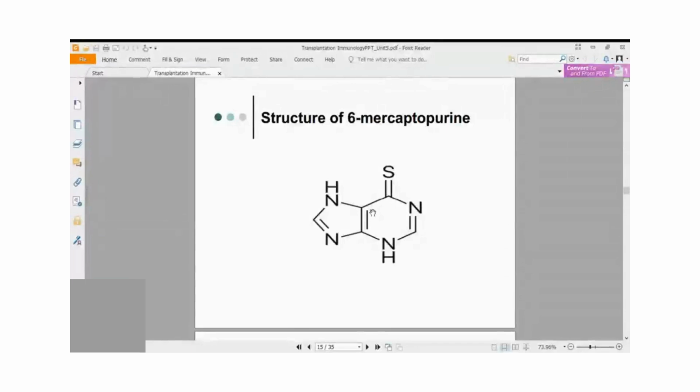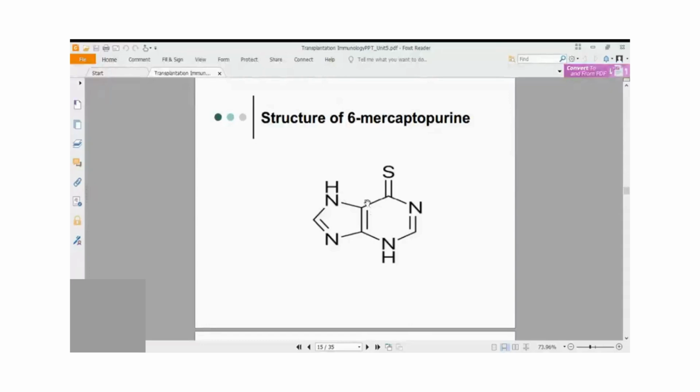And whenever it interferes with the next generation of the cell cycle, it prevents DNA replication. The DNA polymerase enzyme, which is running on the DNA strands, leading strand and lagging strand, when it comes to the junction where this mercaptopurine is substituted in the DNA, there the enzyme stops. It does not proceed further, thereby inhibiting the DNA replication.